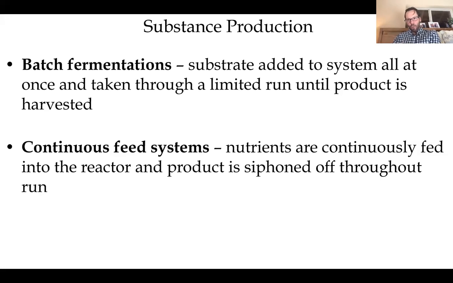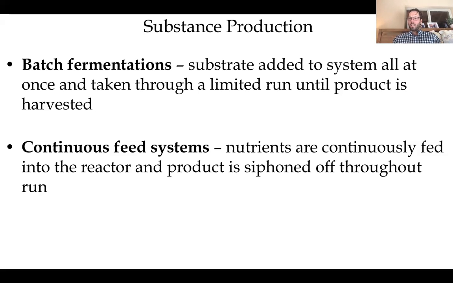That's a batch fermentation. A continuous feed system is that your reactor, I mean, occasionally you might take everything out and clean it out and do decontamination every so often. But essentially what you do is you just add nutrients continuously, and you continuously then siphon off the products that are made from that.